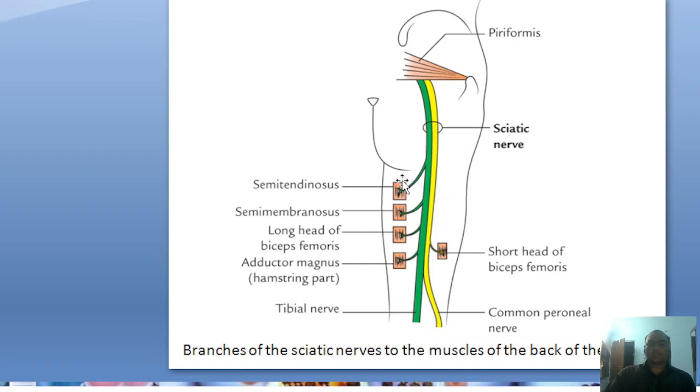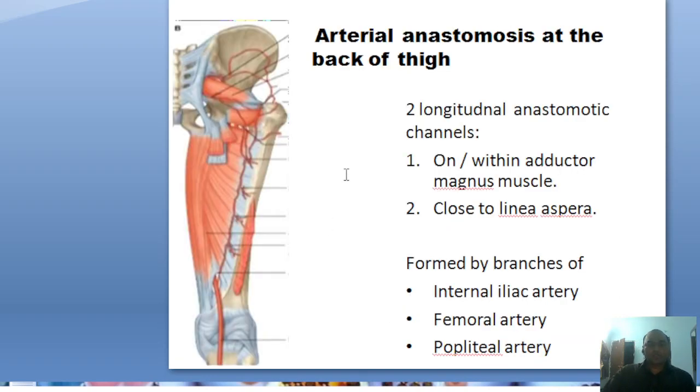The common peroneal part supplies only the short head of biceps femoris. The sciatic nerve divides at the superior angle of the popliteal fossa into the tibial component and the common peroneal component.